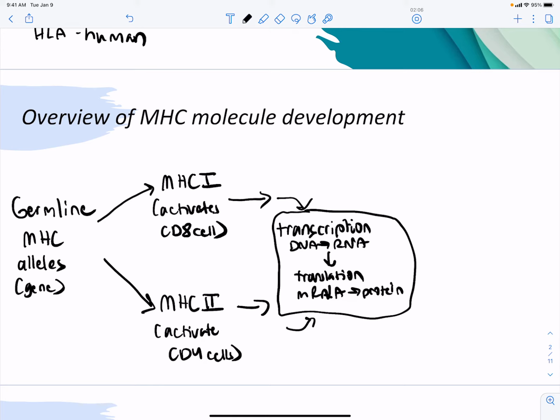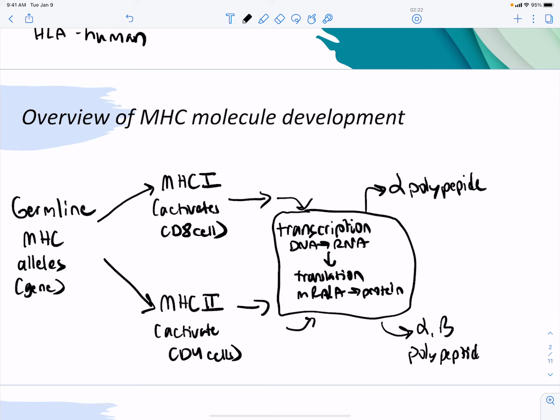And then your class 1 is going to generate what's called an alpha polypeptide, and your class 2 is going to generate both alpha and beta polypeptides. A peptide is simply a sequence of amino acids, and of course, your genes are a sequence of nucleic acids.